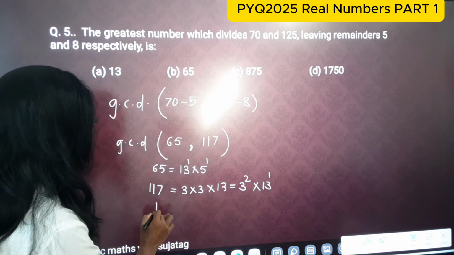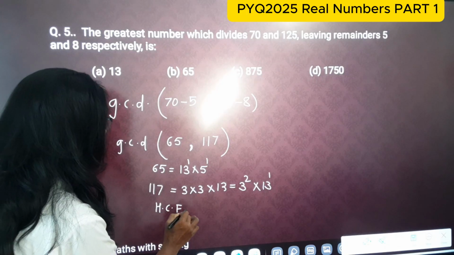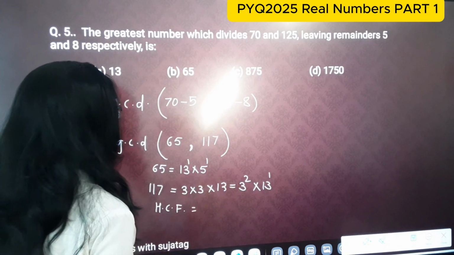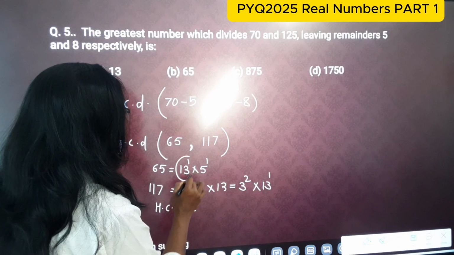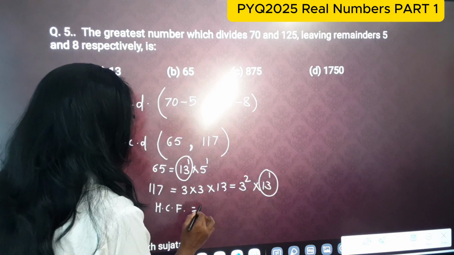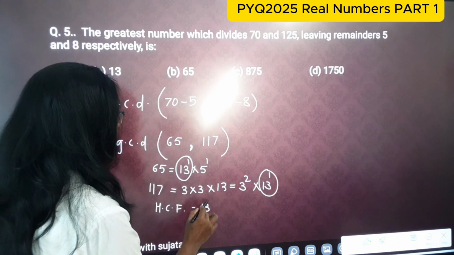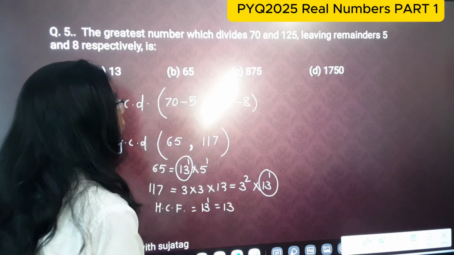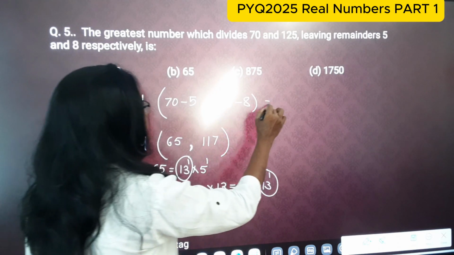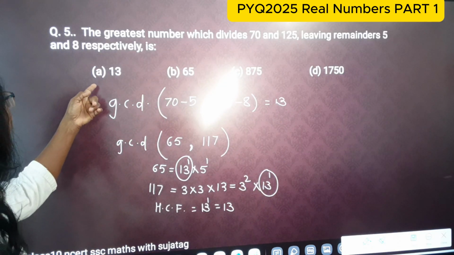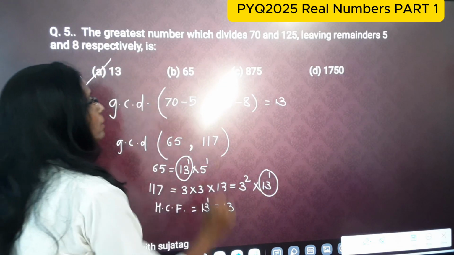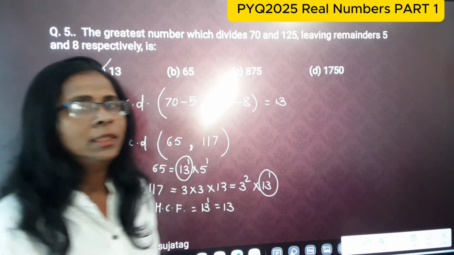So now the HCF will be the lowest power of the common numbers, that is 13. So 13 raised to 1, that means 13. So here that is equal to 13. Okay, so the correct option is A, 13.